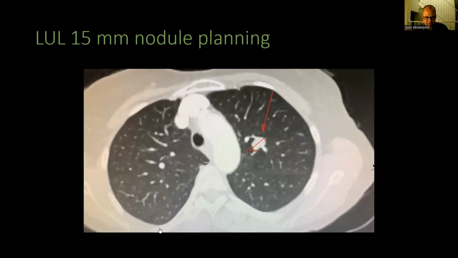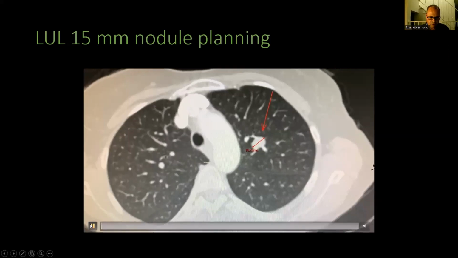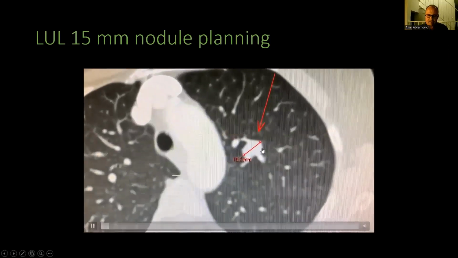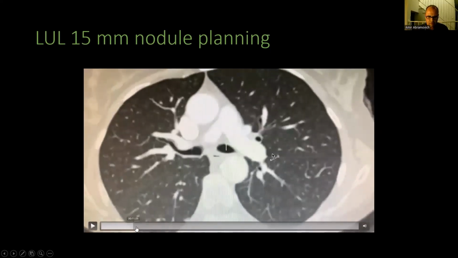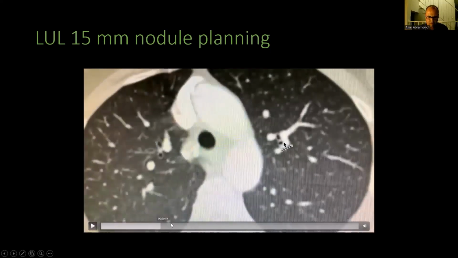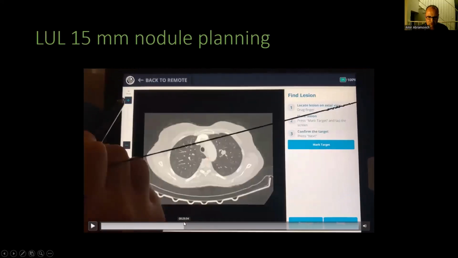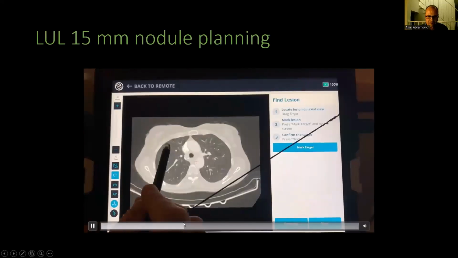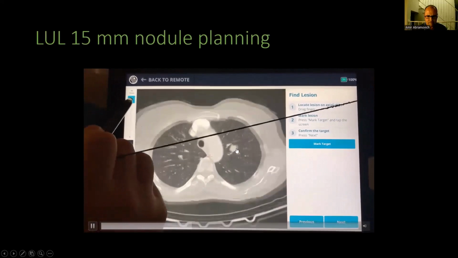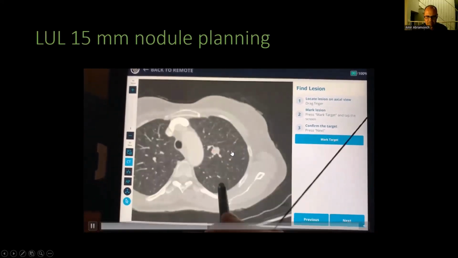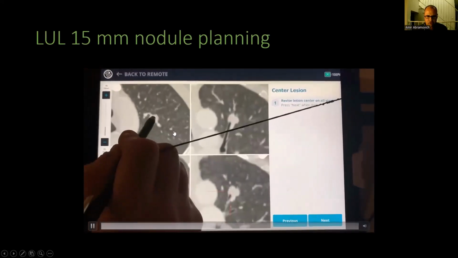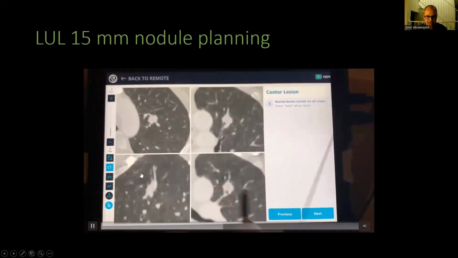So this is how we actually plan, how we use the system. This is a left upper lobe 15mm nodule. Okay, so what we do after we feed the system with the CT, we find the nodule, we mark the target, and then we center the target in three planes.